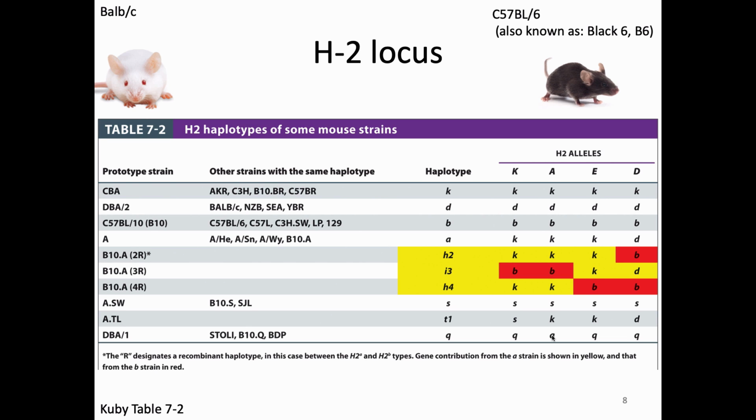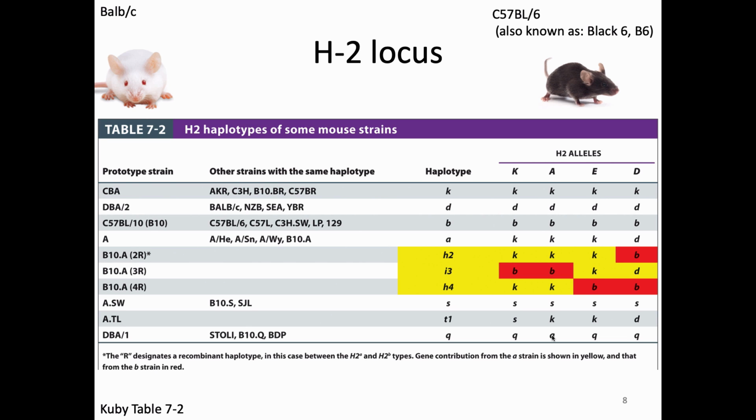Once upon a time, a long, long time ago, I don't actually know how long ago it was, somebody just decided that the kind of K that they have in black 6 mice is called K of B. That B subscript is how we indicate which type of the K, just like we would do A12.